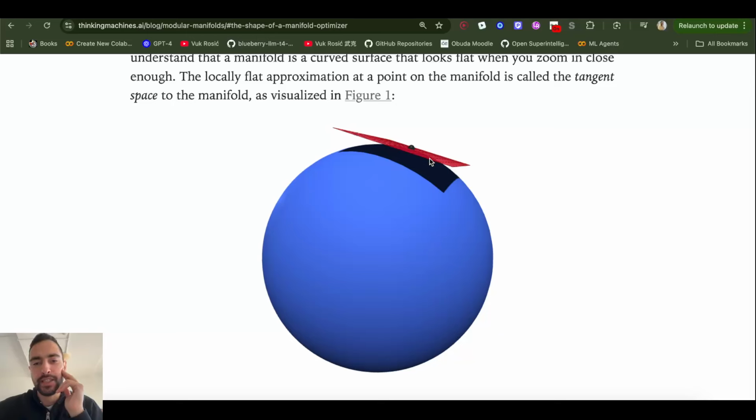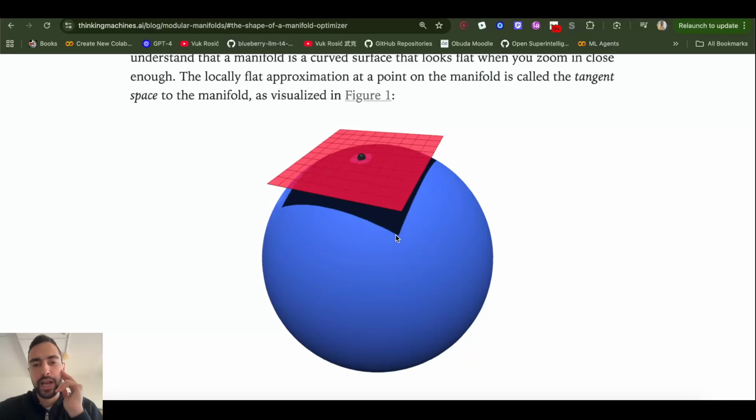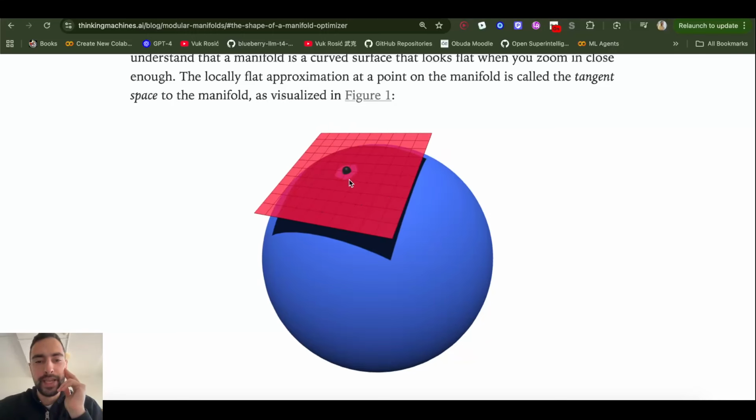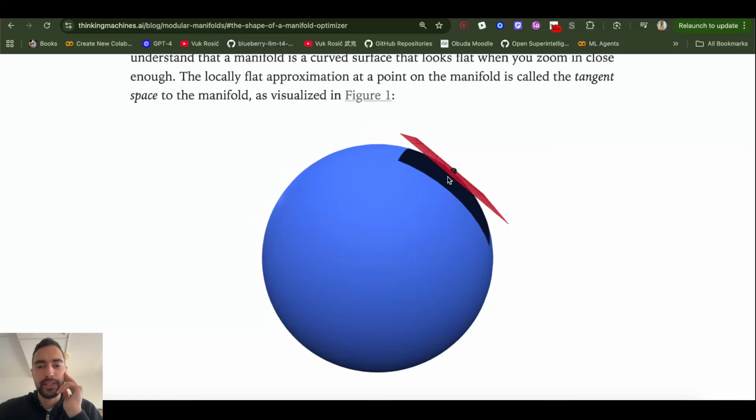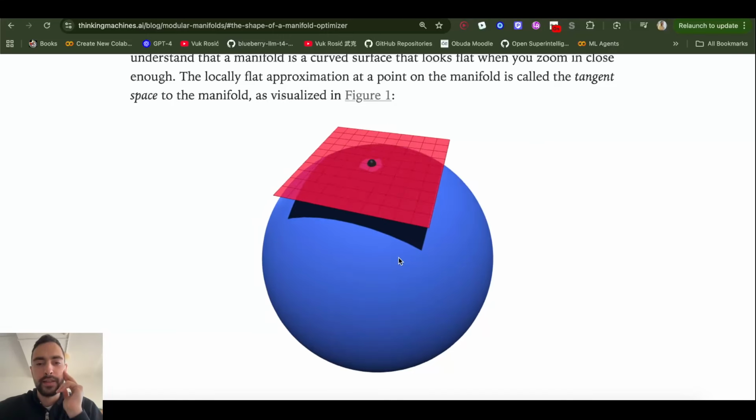Because when we project here, if the vector goes up a bit or this way, then our actual step is kind of random. It's not correlated with the length of this vector. But we want to correlate it with the length of this vector. So that's why we want to just project it on this plane. So our projection back to the sphere will be correlated with the length of the vector, which is our learning rate from the center of this.